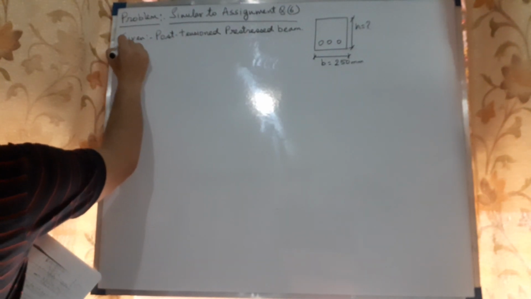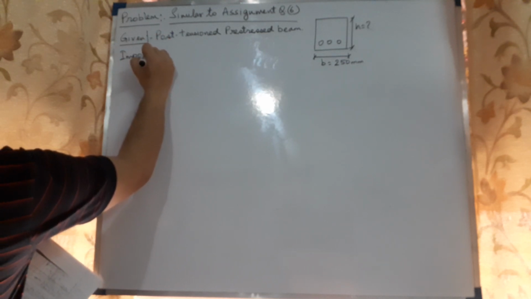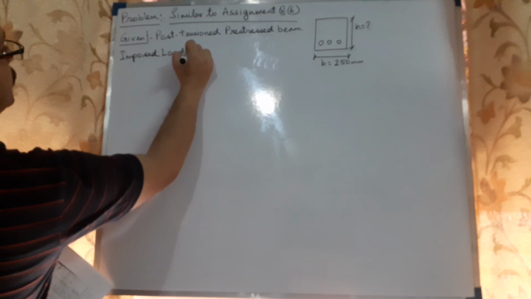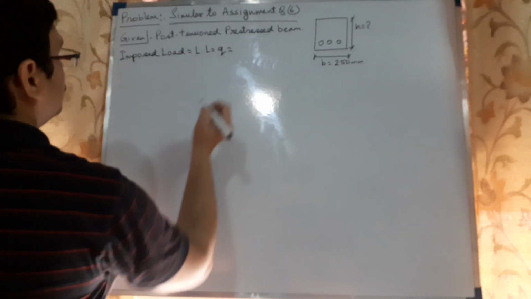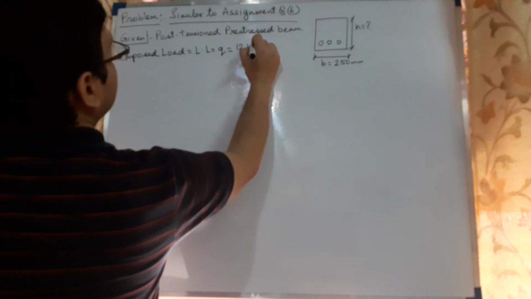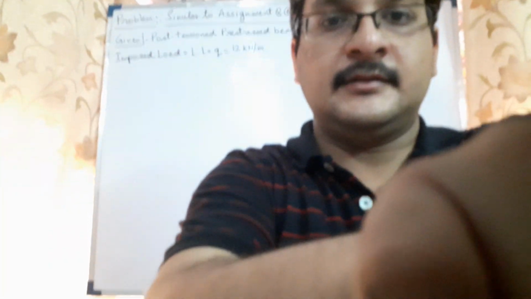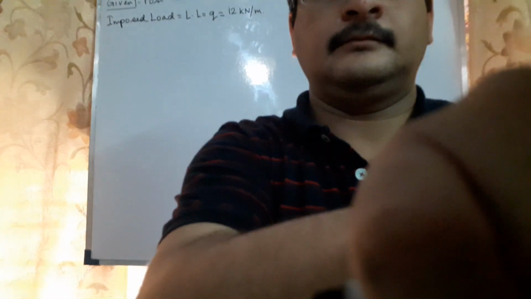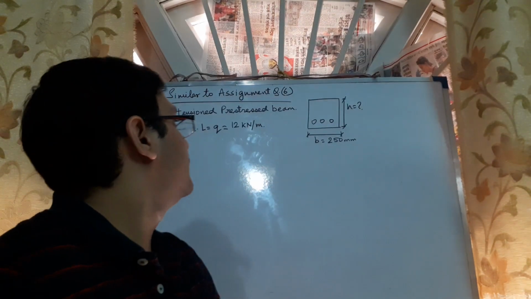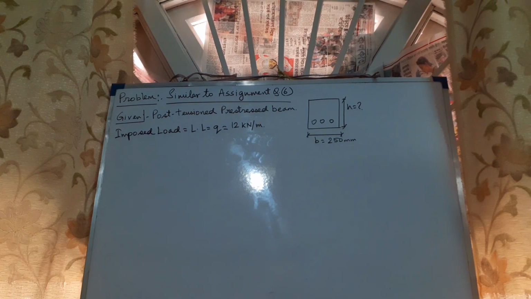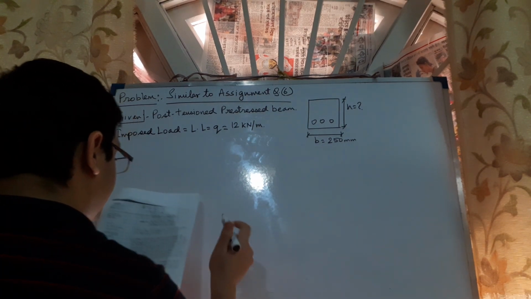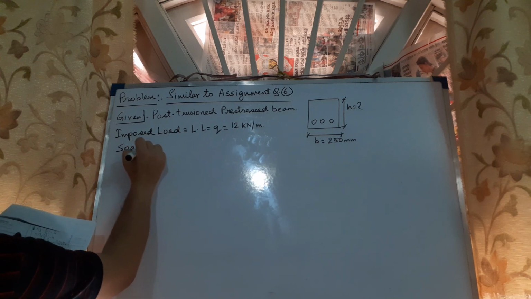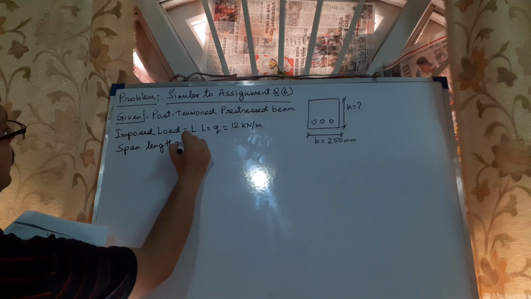Obviously the imposed load will be the live load Q. It is given as 12 kilonewton per meter, and we have the span length of 12 meter.